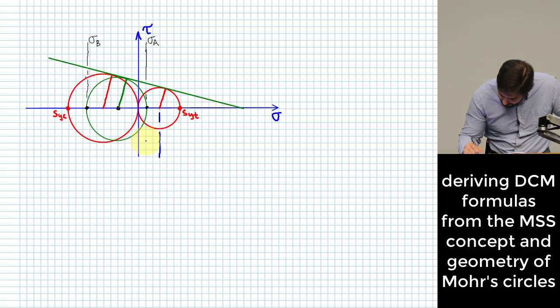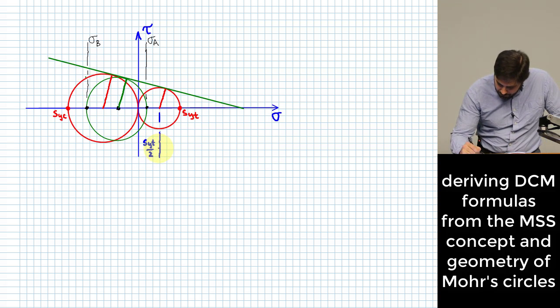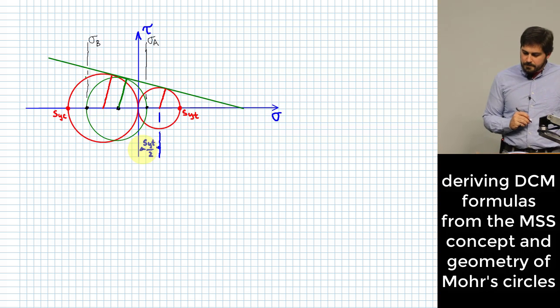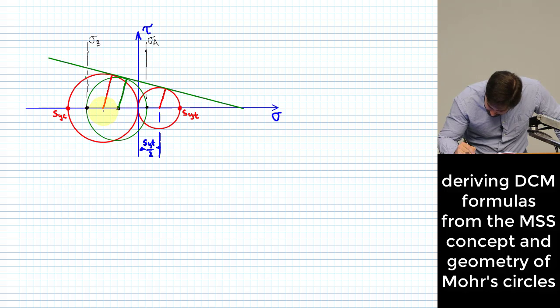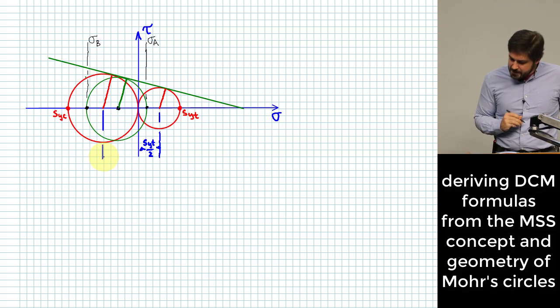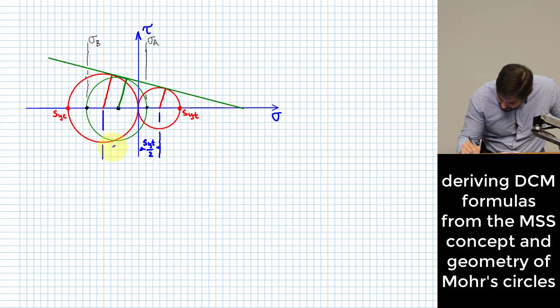This line right here, S sub yt over 2. Okay, similarly, over here, we have that this is S sub yc.